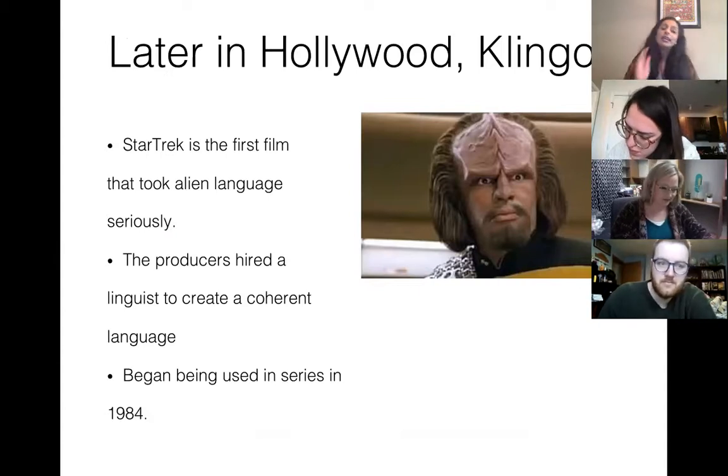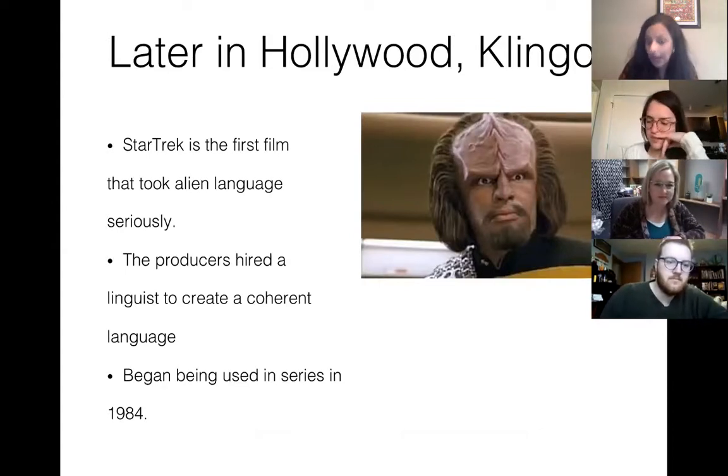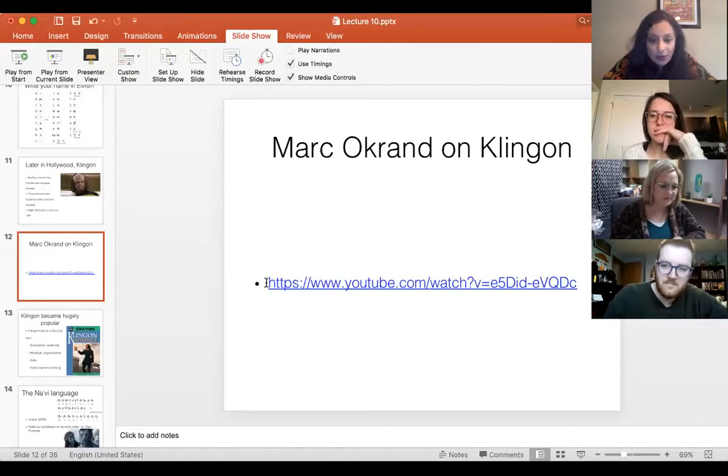So Klingon is a language that was commissioned for a movie series, the Star Trek movie series, and it's a series that began in 1984. And here's a shot of a person from the movie. And so I want to show you this video.